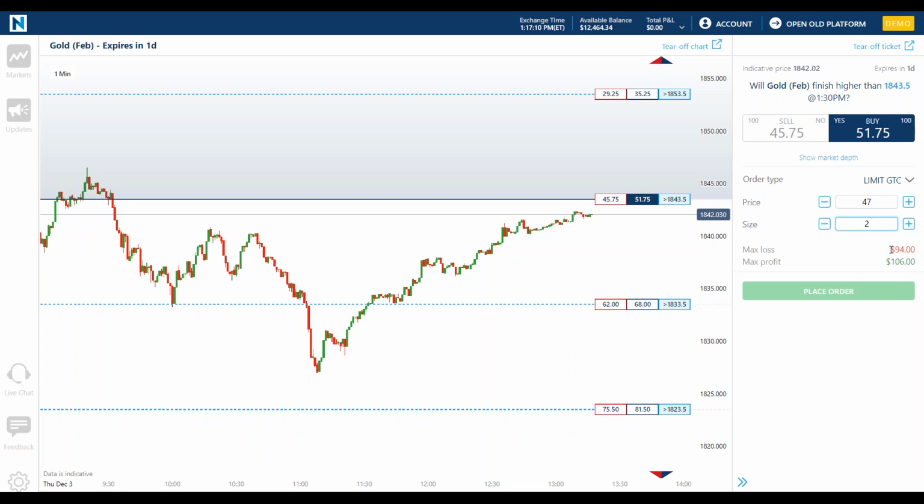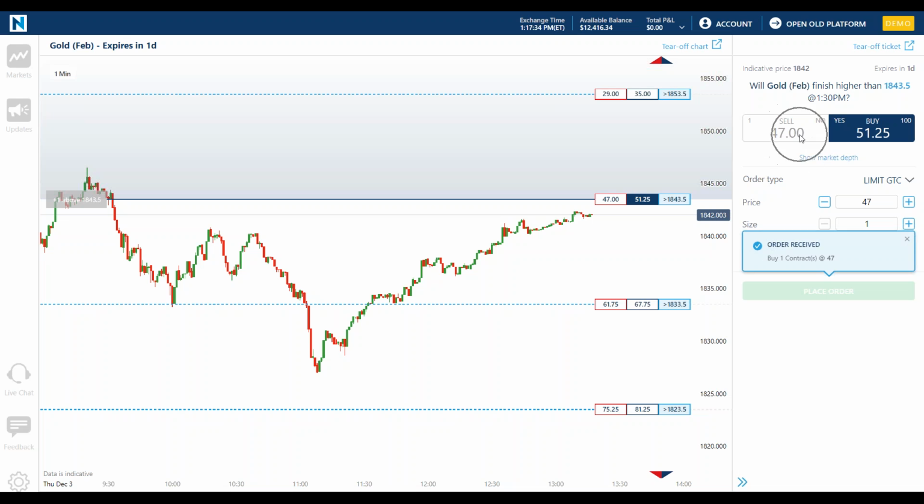Notice when I do that, my maximum loss and maximum profit are calculated for me. Because I put two, it's 2 times 47, so it's $94 of risk. I'm going to put that back down at one. There's that 47. How much could I make? 53. If I like the order, I click place order.